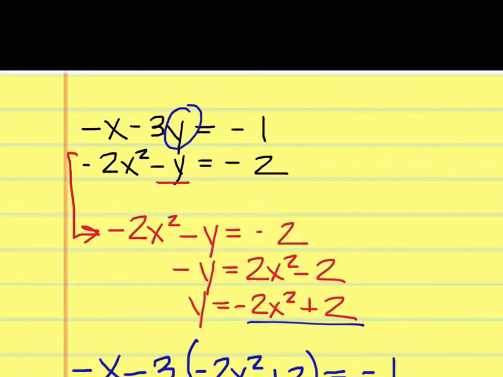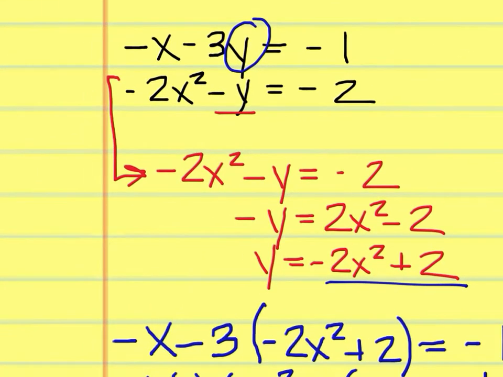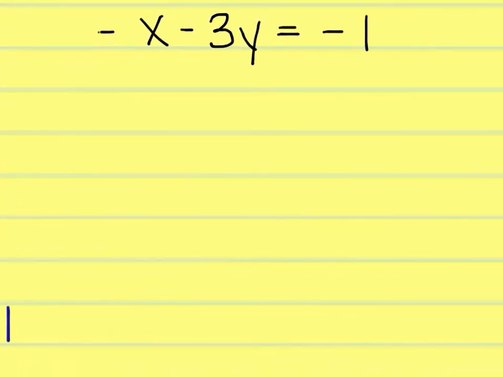So back here at the top, I think the easiest one to use would be this one. -x minus 3y equals -1. That comes from here, the first equation. The first value that we found was 1.